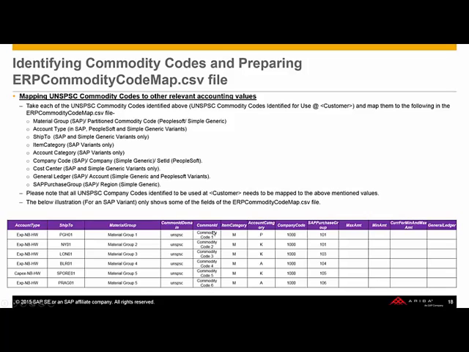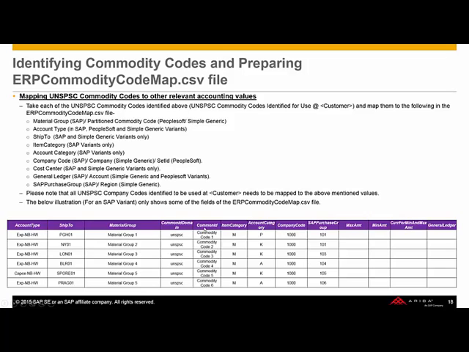So for example, if commodity code 1 is in my shopping cart based on the items I've chosen, the system will look in the ERP commodity code map file, and it will default item category M, account category P for project, company code 1000, SAP purchase group 101, with an account type of EXP NBHW, and the following shipping and material groups.